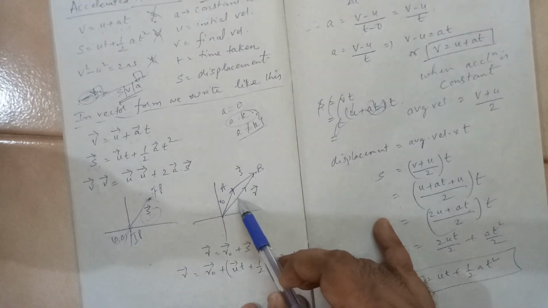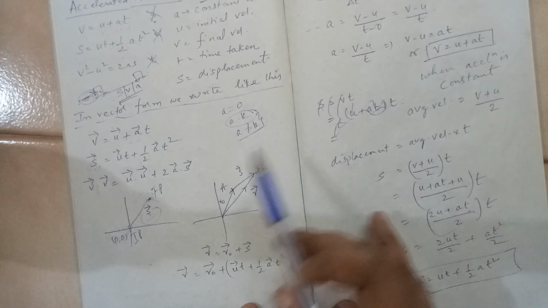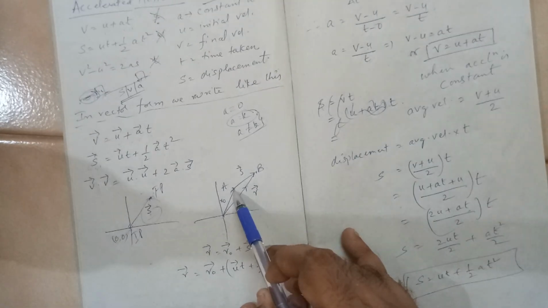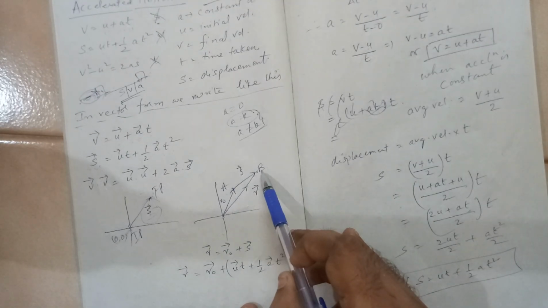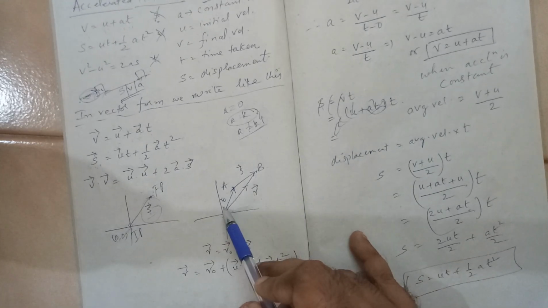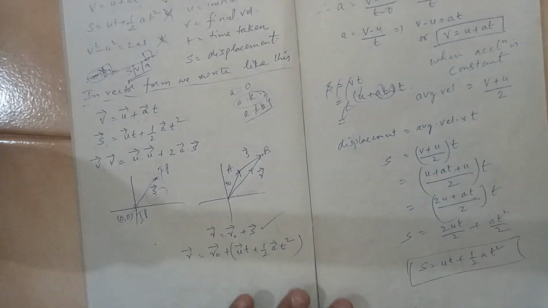This r vector is the total vector. The object originally started from here and went up to here, and from here it displaced to B. So what will be my r vector? r vector will be equal to r0 vector plus s vector, vector addition.